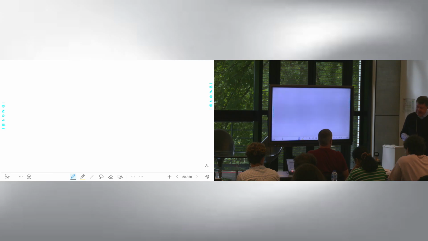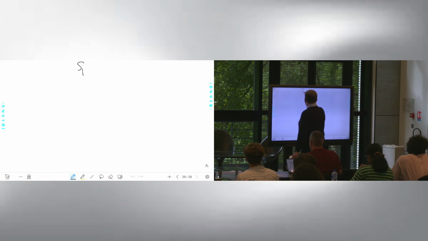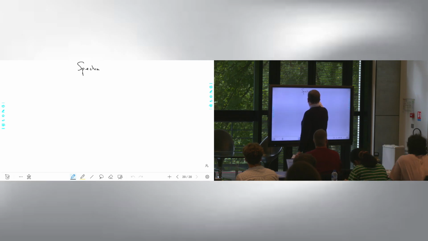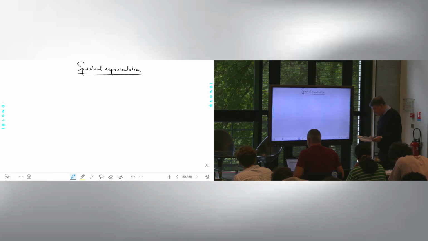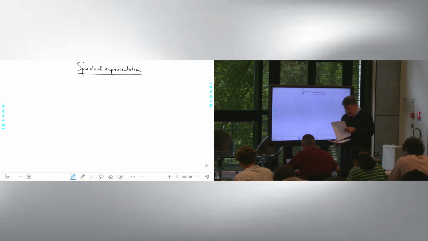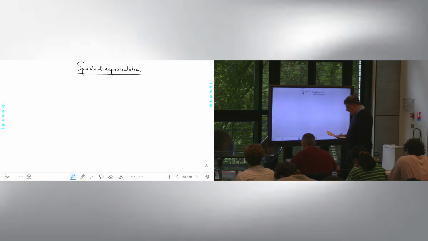So the first point I need is to relate this function to the spectral representation. I'm going to give you two results. Again, if people are interested in the detail of the derivation, I've redone them, but I can give them to you in a set of notes.